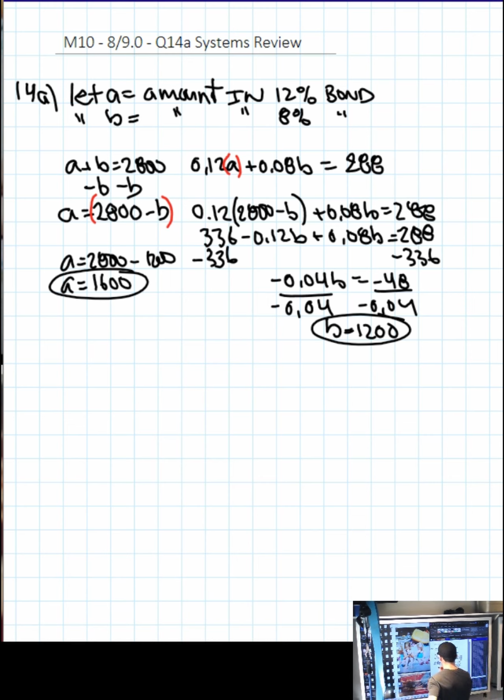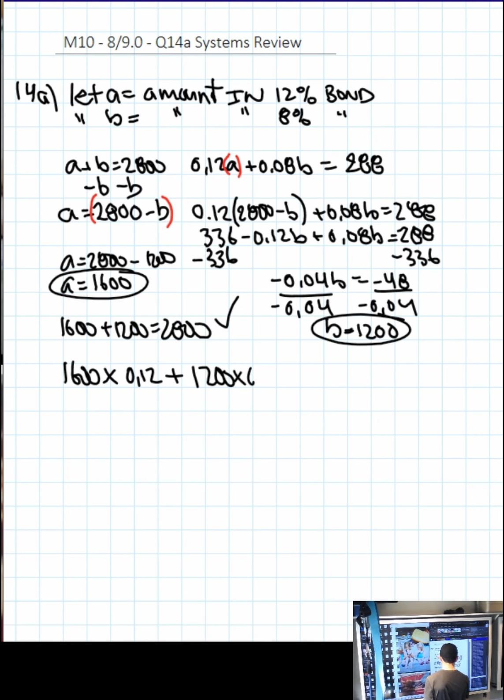Let's check our answer. 1,600 plus 1,200 equals 2,800, check mark. 1,600 times 0.12 plus 1,200 times 0.08, the value of the bond times the percentage plus the value of the bond times the percentage, better equal $288. If those both work, our answers are good.